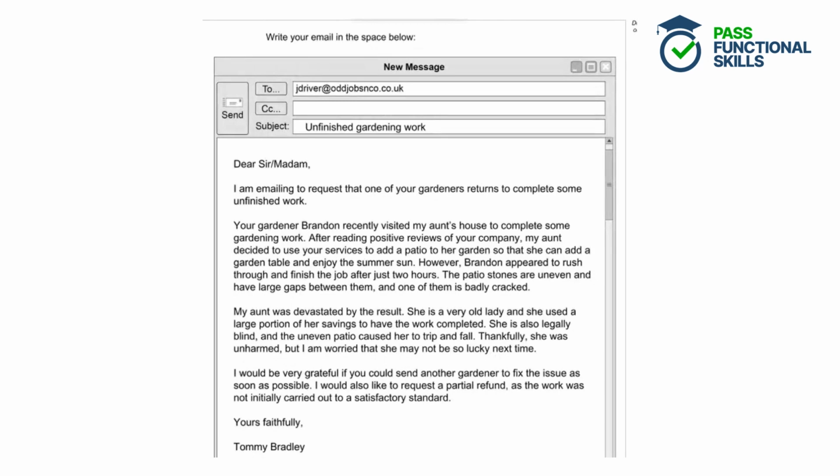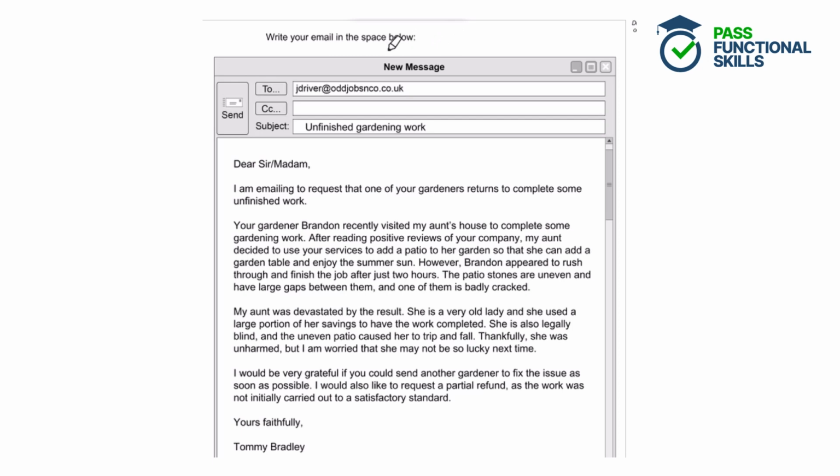Now let's consider the formatting and organisation of the answer. So for each question, you will need to choose an appropriate range of organisational features. These are sometimes also called formatting features, and you can use these in your writing to make it really clear and break it up into sections for the reader.